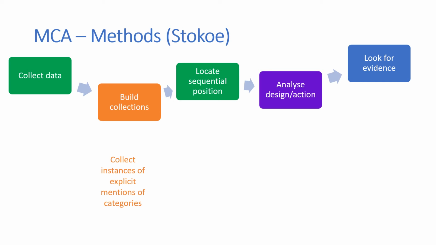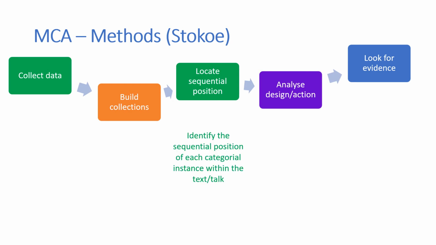The next step is to build collections. So in this stage, we will collect explicit mentions of categories. So look through the data, either listen to it or read it, and find categories such as mother, person, student that are explicitly mentioned in the text.